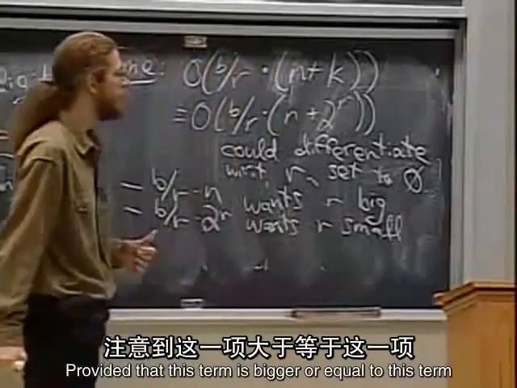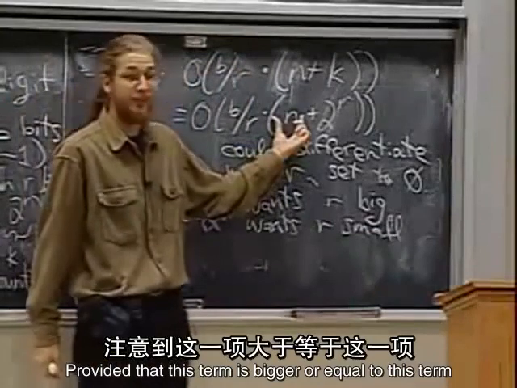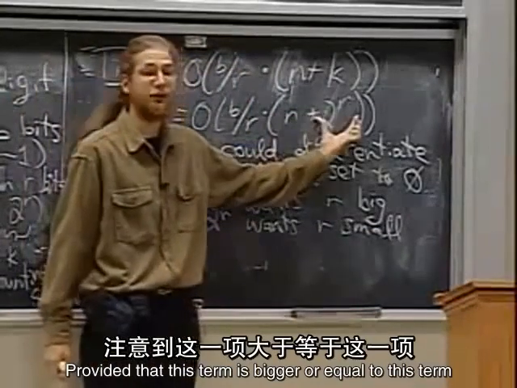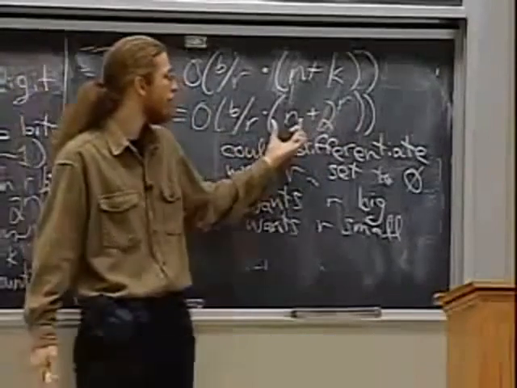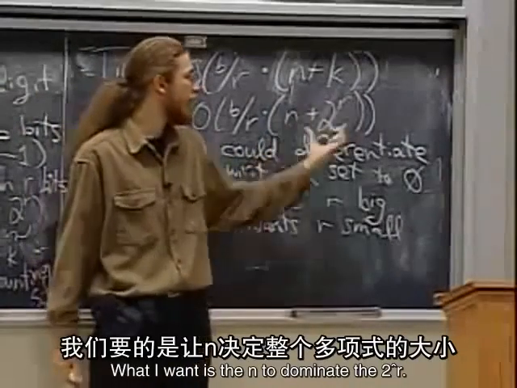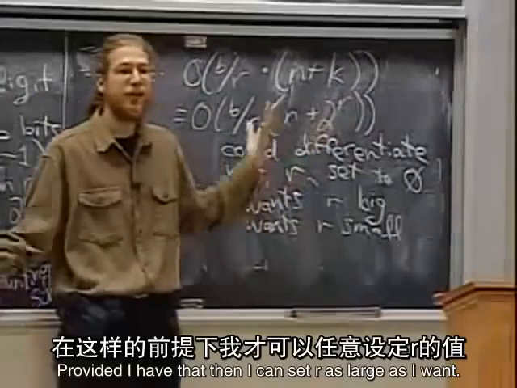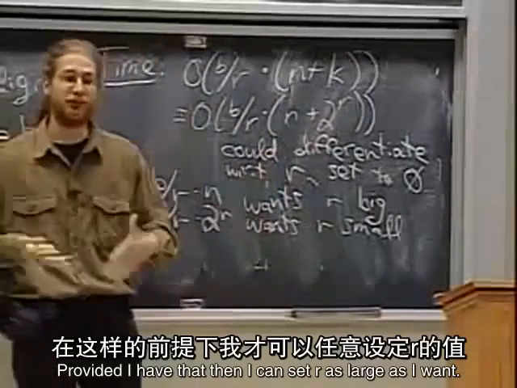So provided that this term is bigger or equal to this term, then I can set r pretty big for that term. So what I want is the n to dominate the 2 to the r. Provided I have that, then I can set r as large as I want.